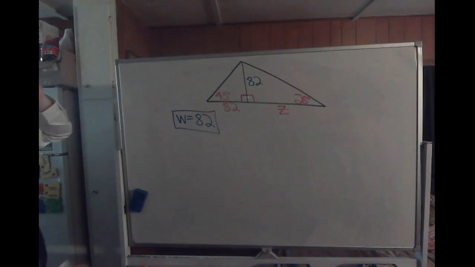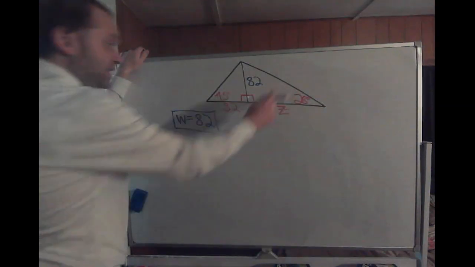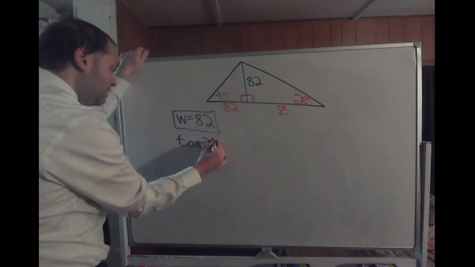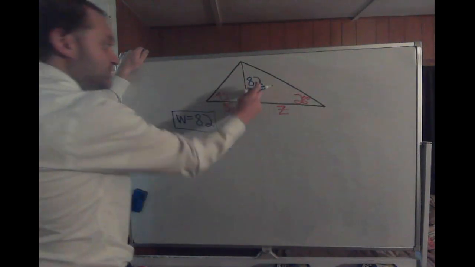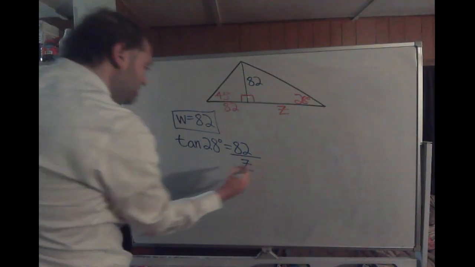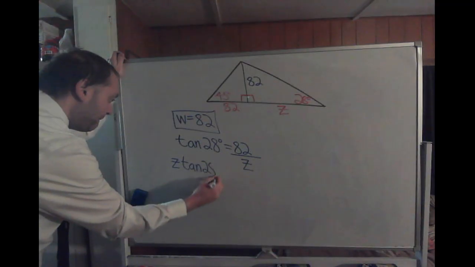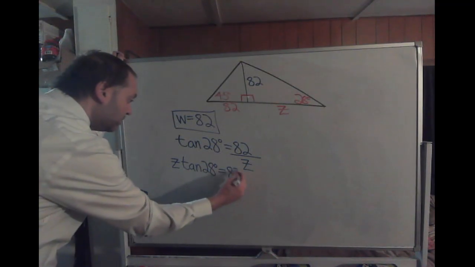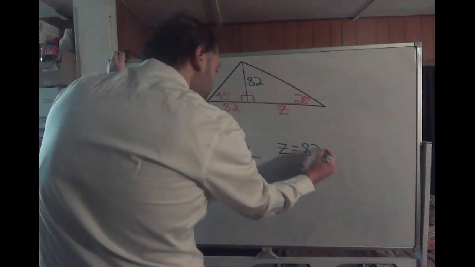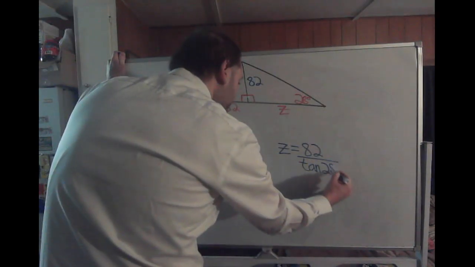Now, we need to, of course, solve for z, which means we need to set up the tangent ratio of 28 degrees. So the tangent of 28 degrees equals the opposite leg of 82 over the adjacent leg of z. So z tangent of 28 degrees equals 82, which then means that z is equal to 82 divided by the tangent of 28 degrees.